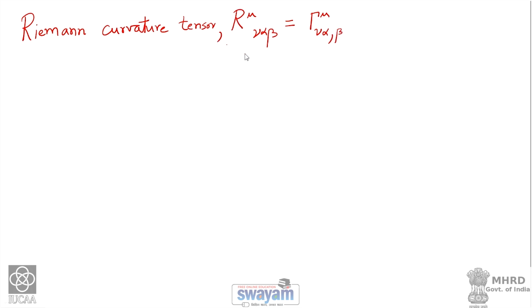Remember, comma means partial derivative with respect to the coordinate, and then antisymmetrize. Then again antisymmetrize.